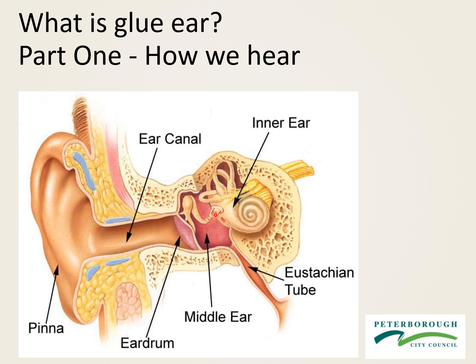The malleus, incus and stapes transmit the vibrations from the eardrum through to the inner ear, and the inner ear consists of the cochlea and the vestibular system. The cochlea is a spiral-shaped structure that's filled with fluid and lined with tiny hair cells.